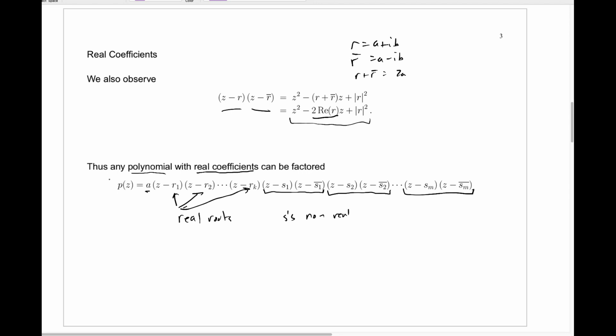Now again, I'll remind you that these real roots don't have to be distinct from each other. They could have various multiplicities, and even these conjugate roots, s1 and s1 bar, might be the same as s3 and s3 bar. You could have conjugate pairs of higher multiplicities as well. But in the end, we can factor things like this.